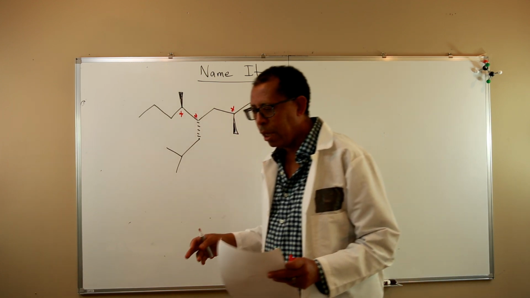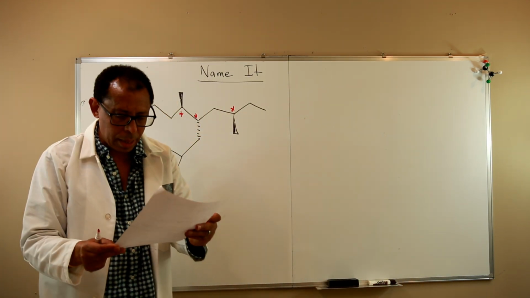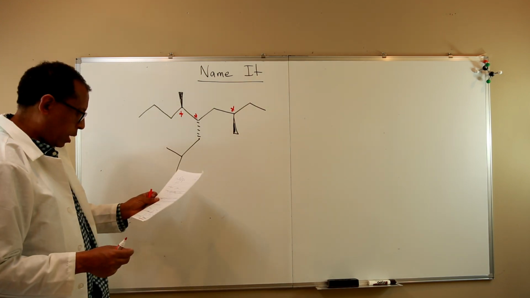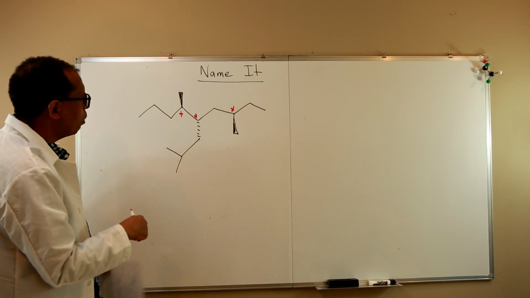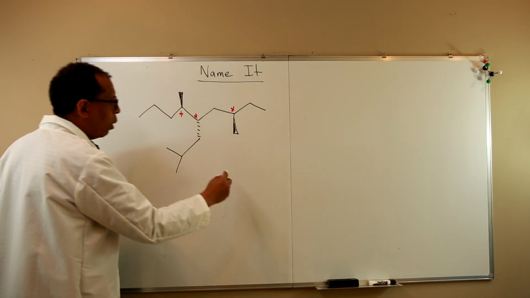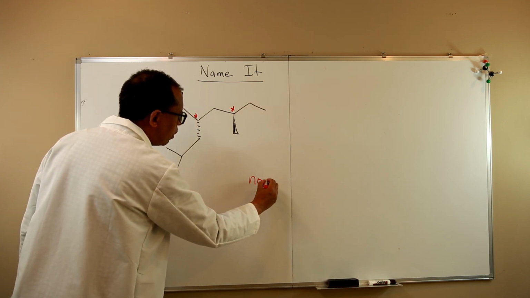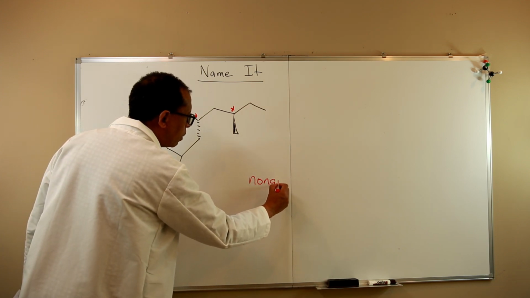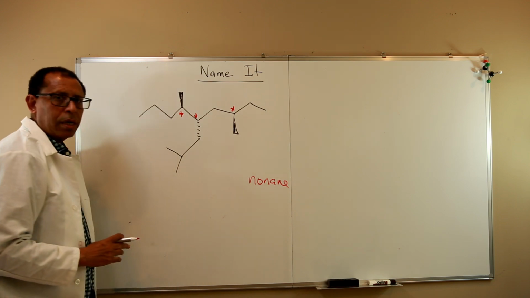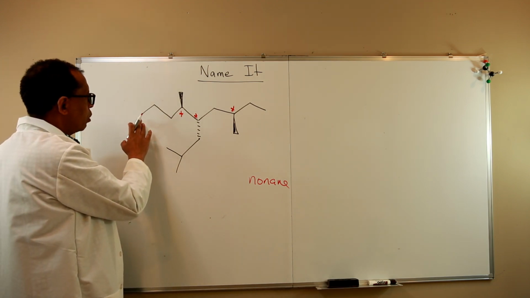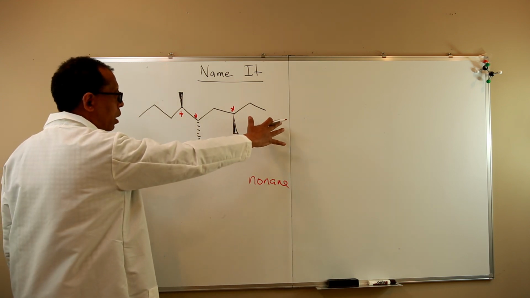So the longest chain is a nonane, not octane. I have made a mistake on my paper. It is a nonane, that's 9 carbons, so the chain I'm going to consider is this long chain.